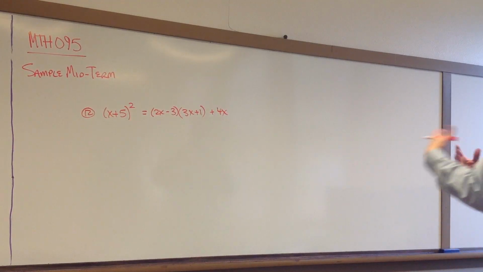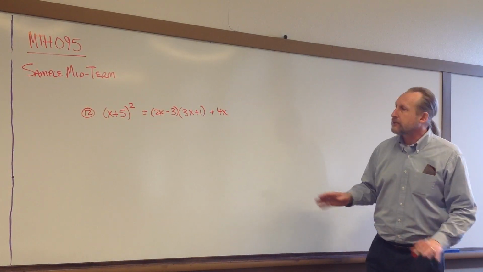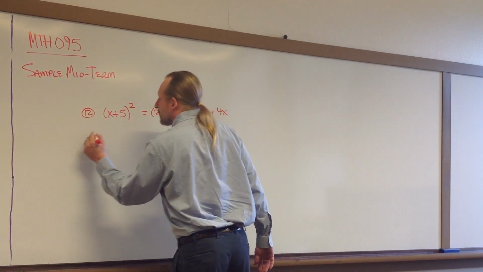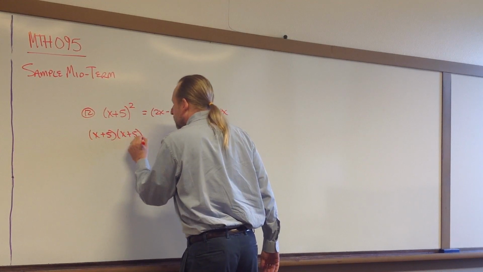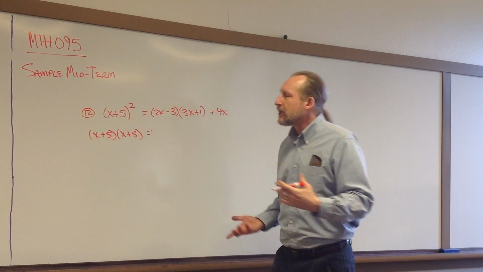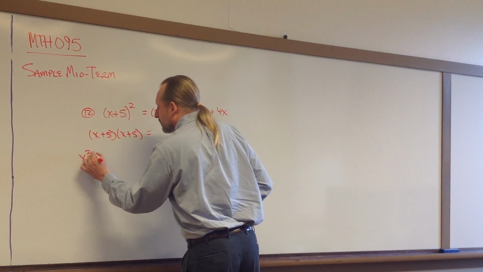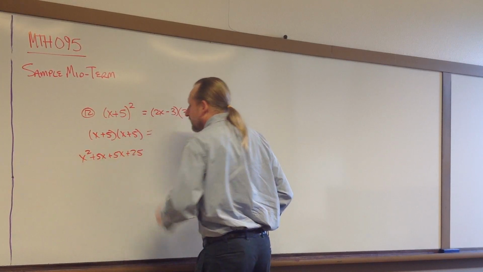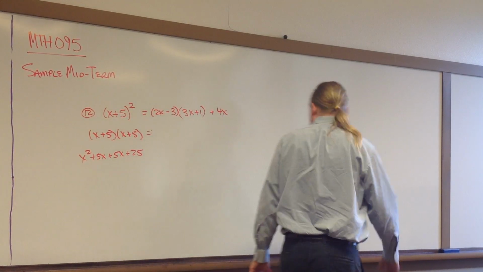All right, so we want to expand everything and then collect our like terms and push everything over to one side. So expand this. Remember, you don't necessarily have to write it as x plus 5 times x plus 5, but I do that to remind everybody that you have to distribute: x squared plus 5x plus 5x plus 25. Don't forget that you're going to get that middle term in there.